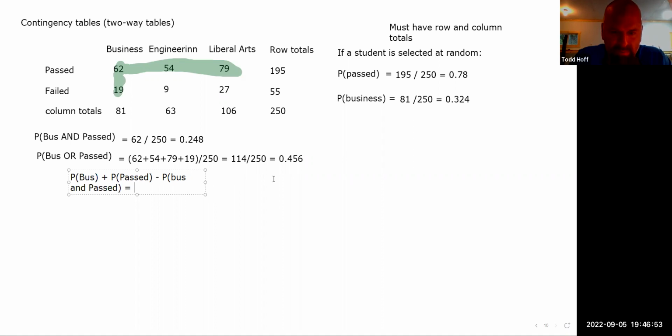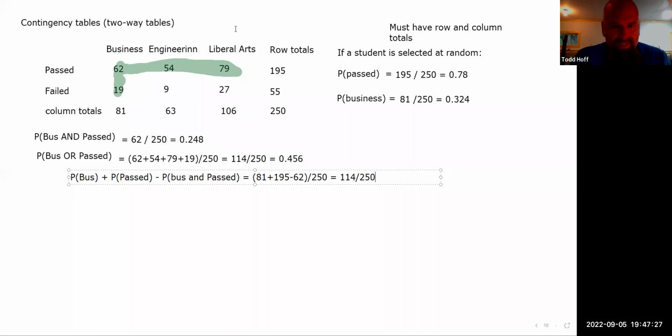Well, those that were business, there were 81 of those. That's this total right here. Plus those that passed, there are 195 of those. Subtracting out the ones that were both, those are the ones that were both business and passed, is those 62. Out of 250, the total. Well, adding those up, that still gives us 114. So that would be our same probability of 0.456.